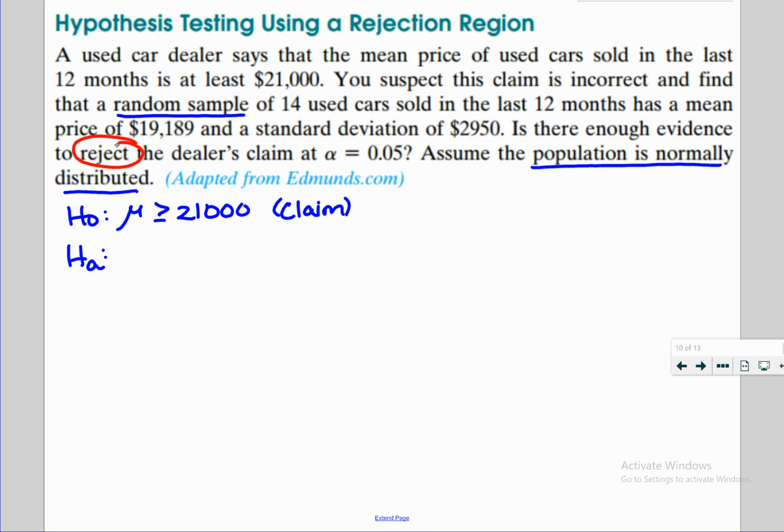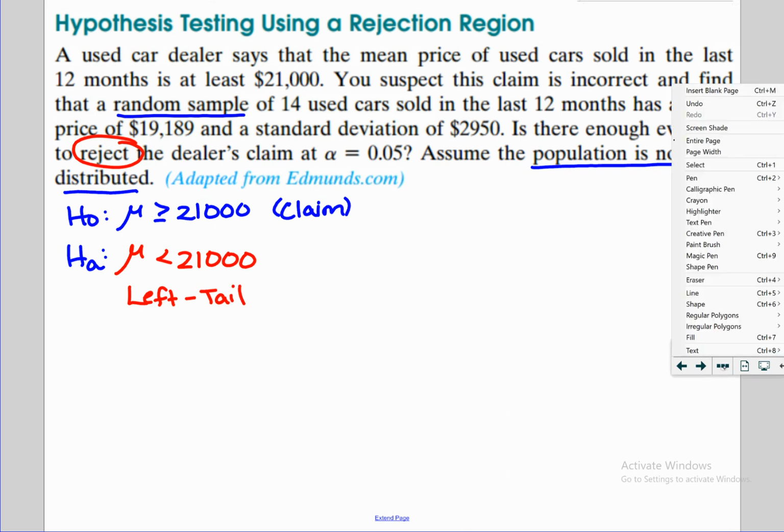If you want to support something at the end, you make the alternative hypothesis your claim. So that kind of affirms, if you're not sure where it's supposed to go, that little word there is enough. What's my alternative hypothesis going to be? The mean is less than, and from that, you should be able to tell me, is it left tail, right tail, or two-tail test? This is a left tail test because that alternative is less than.